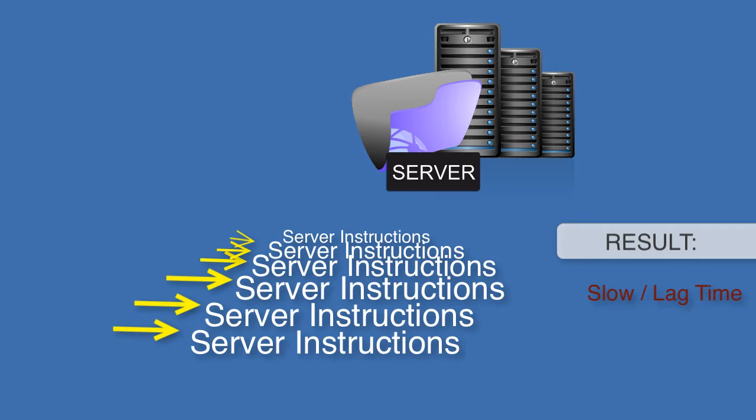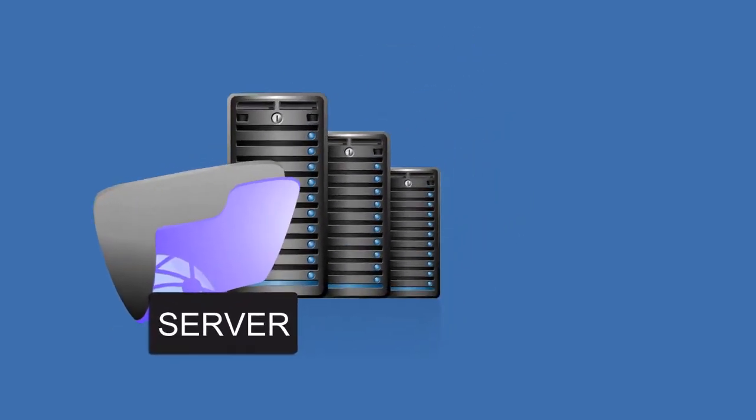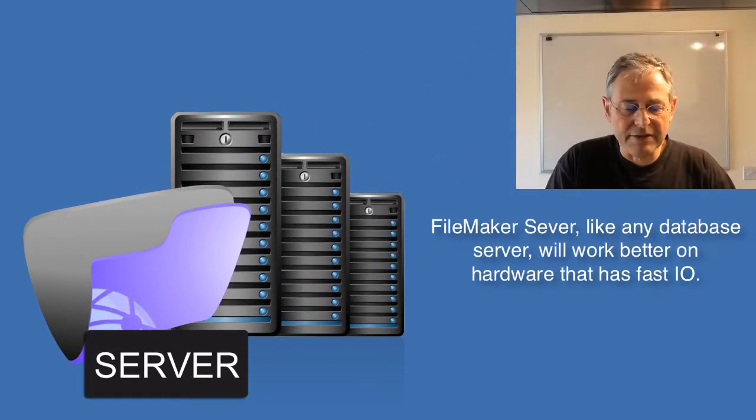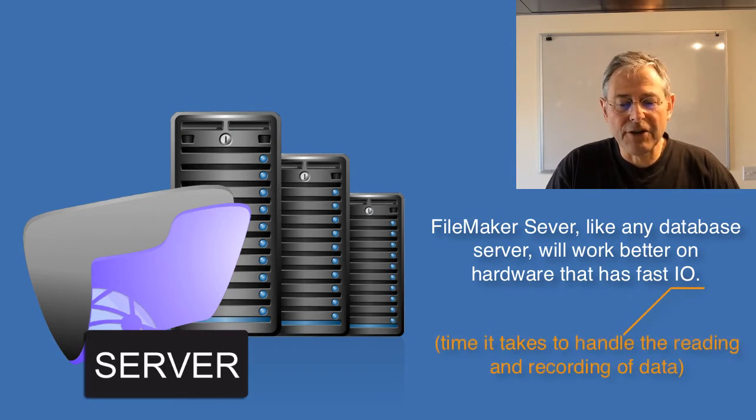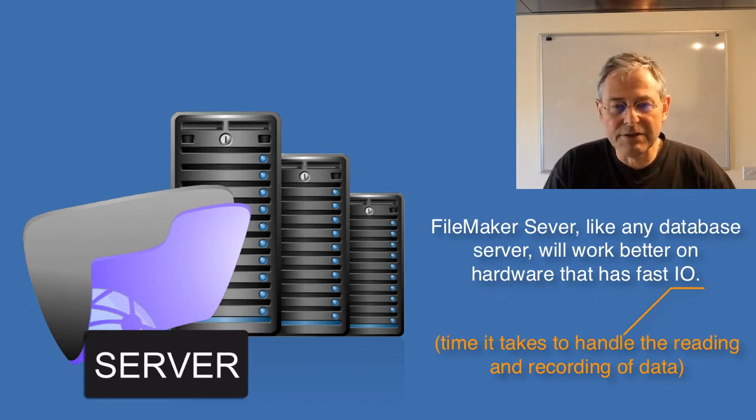It is worth pointing out, of course, that FileMaker Server, like any database server, is going to always work better on a hardware setup which has really fast I/O. That's in, out, or read, write. It's the time that it takes to handle the recording and reading of data, which is also quite an important factor in this particular situation.